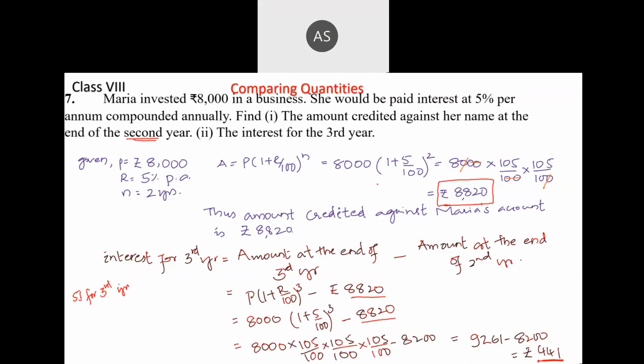Shobhan, I am solving here. 8,820 is the principal amount, and since it is 1 year, because interest for the third year is calculated, T should be taken as 1, R should be taken as 5 by 100.